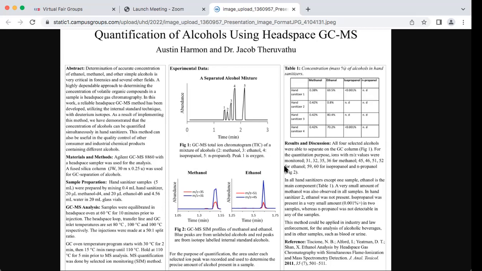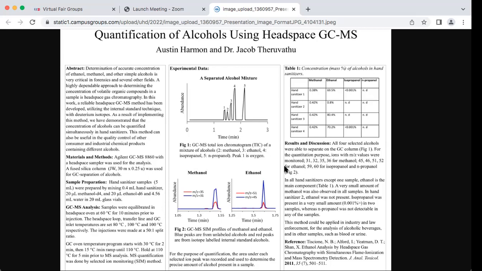So that was another very interesting thing we found. They all contained about 0.4% methanol, and that's a more toxic alcohol. So it would be ideal if there was no methanol in the hand sanitizer, but all the labels were true though.